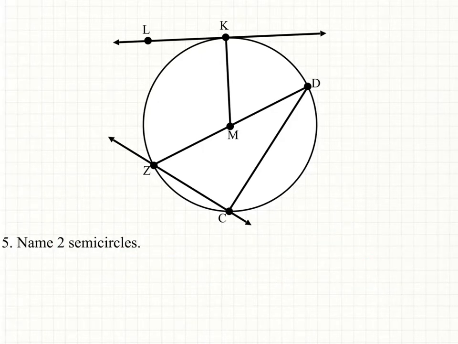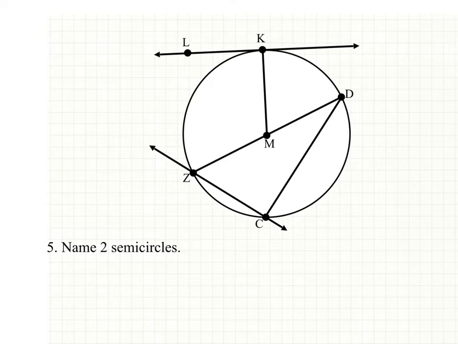Name 2 semicircles. Now remember, we use 3 different letters to name the semicircle, and the semicircle has the measurement of 180 degrees. So what are the 2 semicircles?